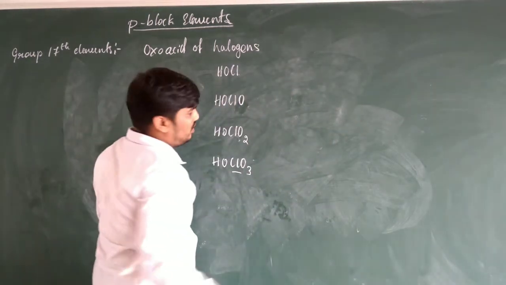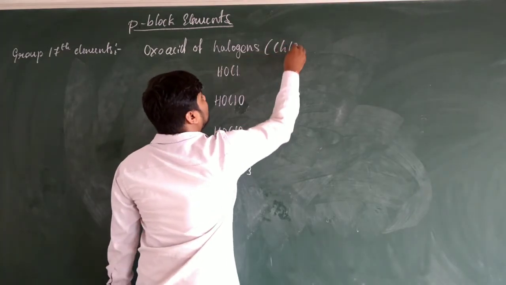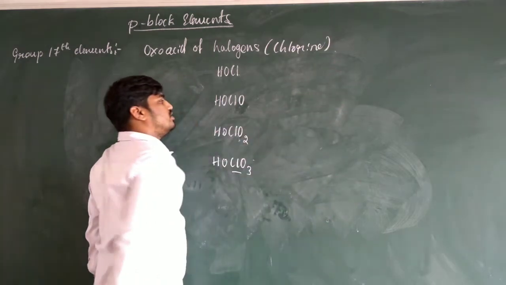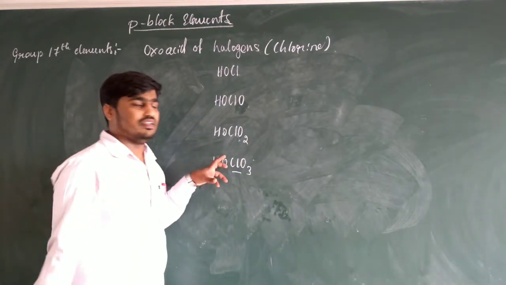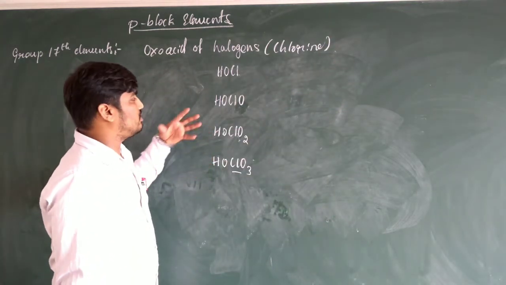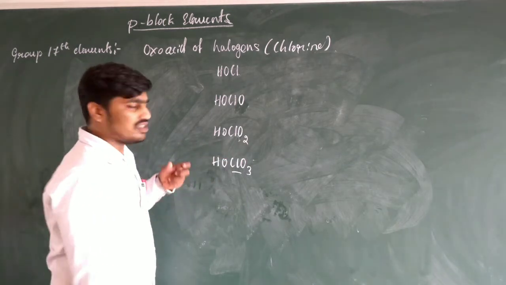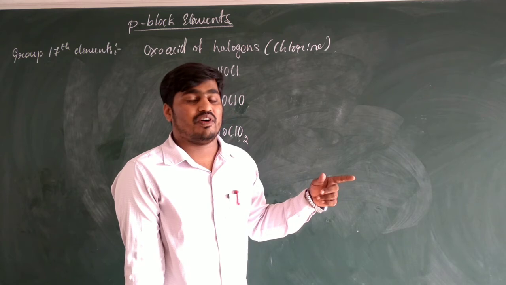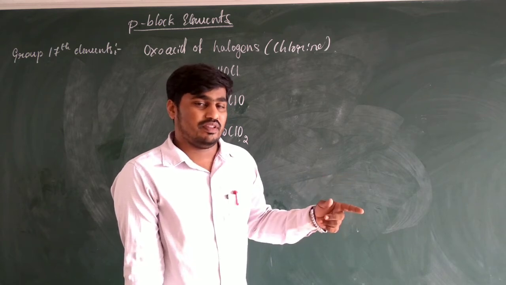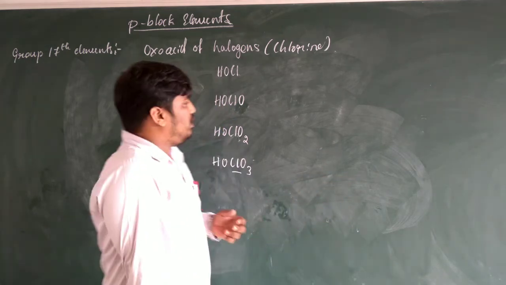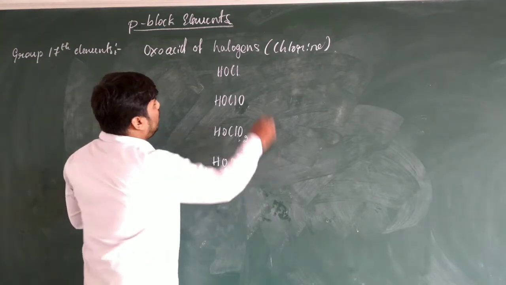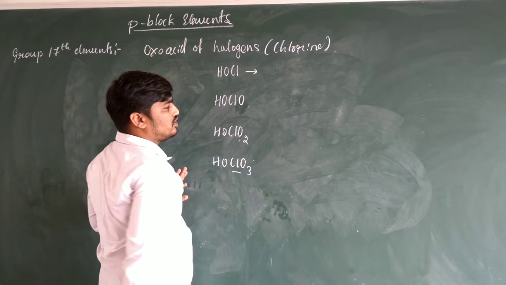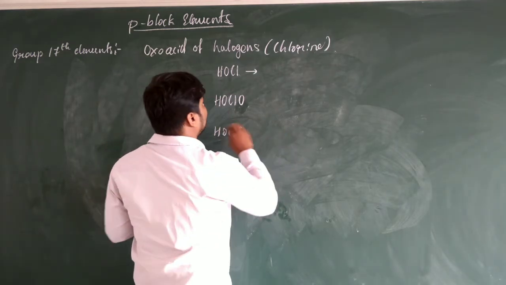Oxoacids of chlorine. Let us discuss by observing the structure of these compounds. The structure of these compounds is very important, similar to the oxoacids of phosphorus, which you already studied. HOCl: what is the structure, how to draw the structure of HOCl?